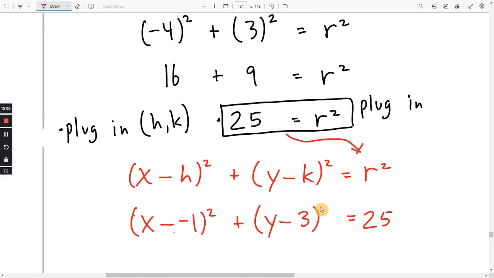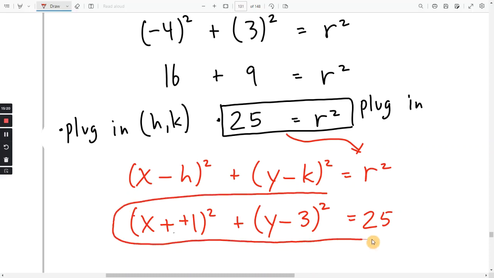And the whole thing is squared. The two negatives make it positive, so this is just (x plus 1) squared. And that is the final answer. So that's the equation in standard form.